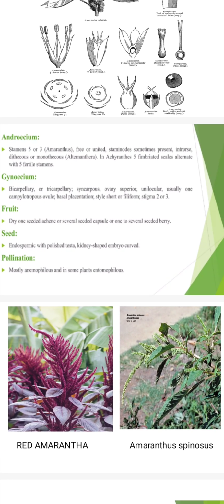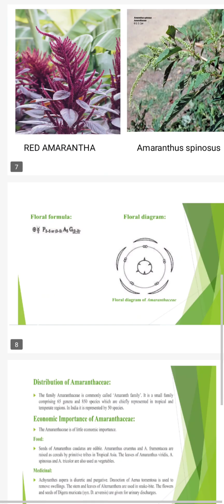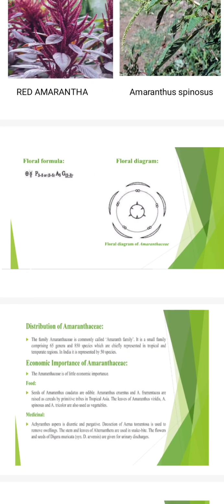So the plants look very attractive, and the color helps in pollination. The pollination may be entomophilous or anemophilous. That means with the help of insects pollination occurs, because due to its color the plant attracts them.